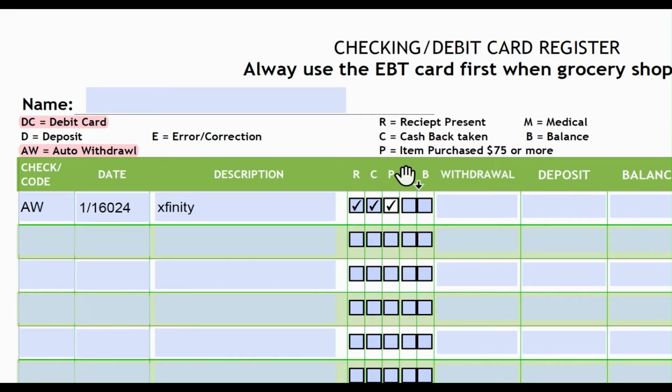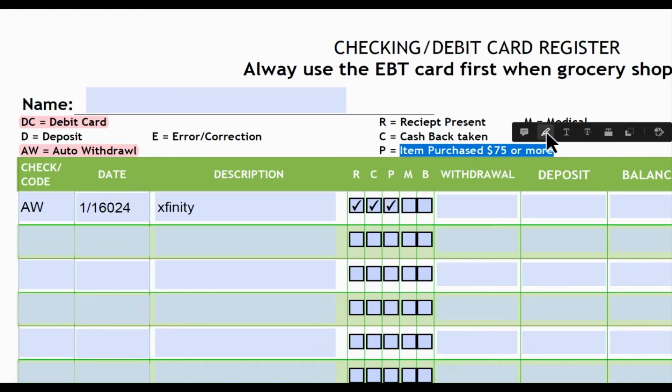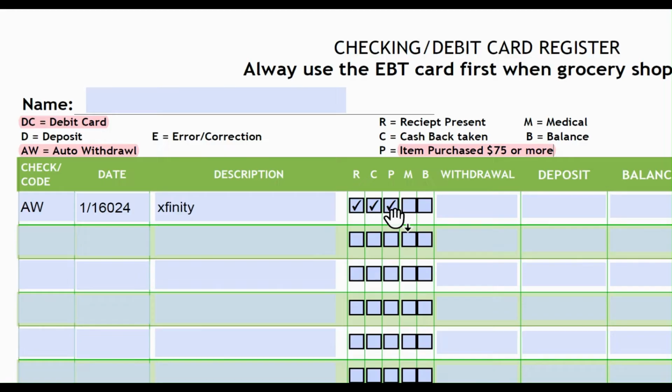The P here is for items purchased $75 or more. That's a reminder if you check that box that the item needs to be also written onto the property record. Unless the person you support has a refusal for property record, then we have to always keep the property record updated with anything that's worth $75 or more.